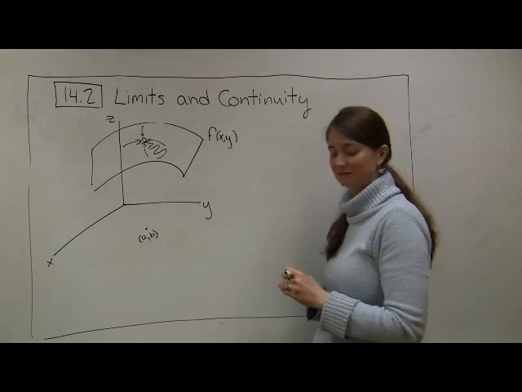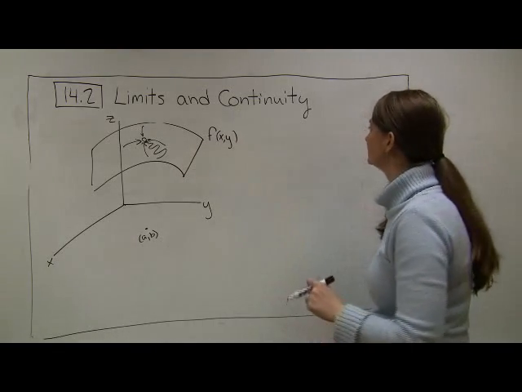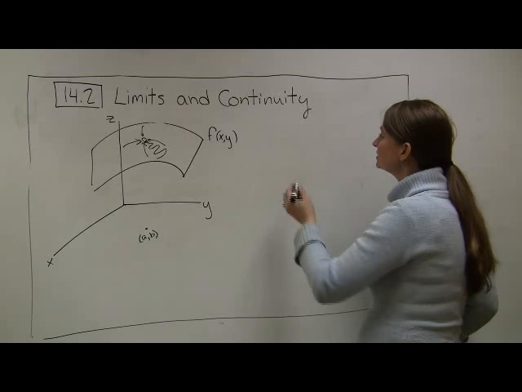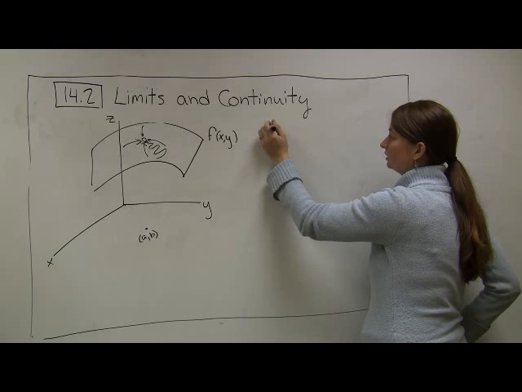So how can we formally define that in a mathematical way that makes sense? The way that we talk about this formally is to use an epsilon delta proof. So let's suppose we have a limit L, or a candidate for a limit.